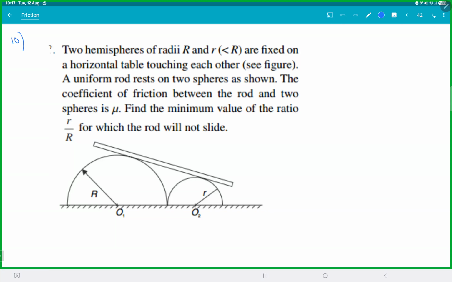Again, this is more of a geometry problem. Try. I'll give 2-3 minutes. Give it a try. I'll just get some water and come.